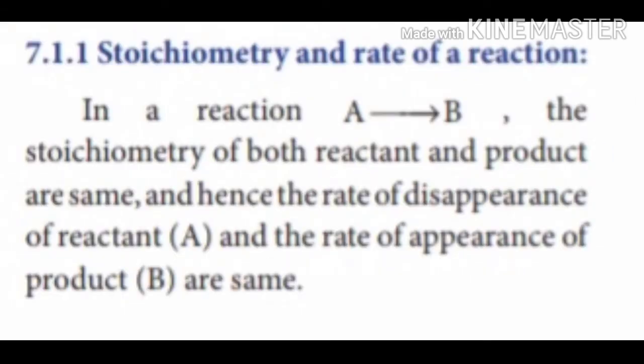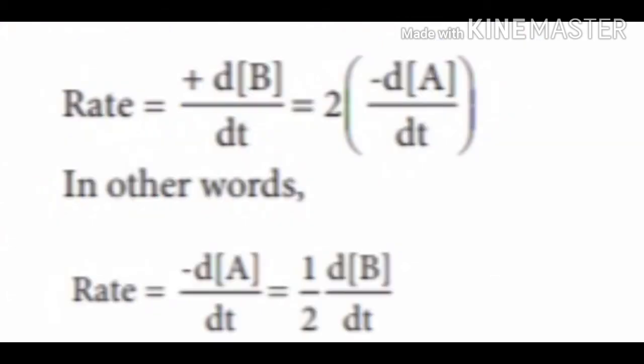That is, the rate of formation of B is twice as fast as the rate of disappearance of A. Therefore, the rate of the reaction can be expressed as below.